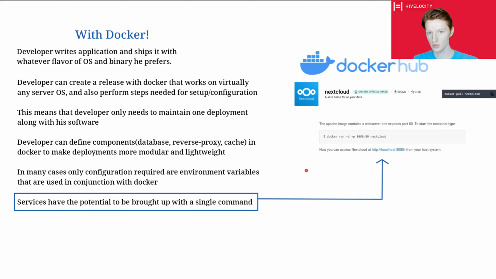And since you can install the Docker engine onto pretty much any operating system, or at least any operating system you'd want to put on a server, this means that the developer only has to keep up with one deployment method and only has to write documentation for one deployment method.